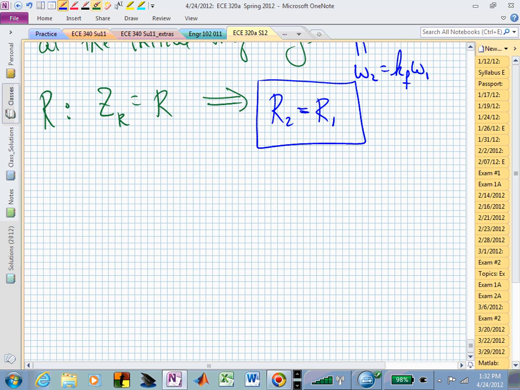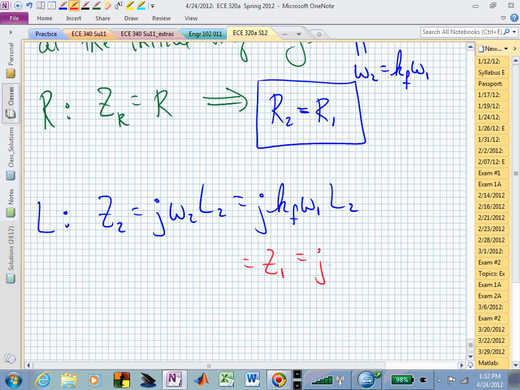Let's now look at the inductor. So the inductor, Z sub 2, is J omega sub 2 L sub 2. And we've already defined omega sub 2 in terms of the original frequency omega sub 1 as k sub f omega sub 1. But we wanted Z2 to equal Z1 at the two frequencies of interest, and Z1 is J omega 1 L1.